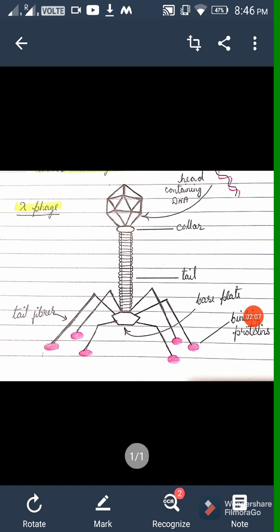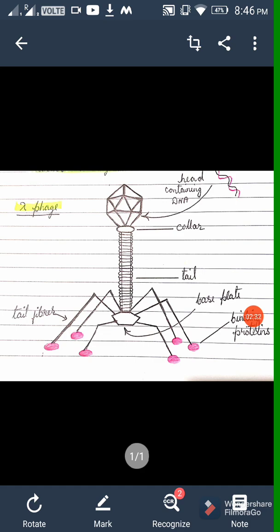Now how does the phage particle infect the bacteria? It will recognize and bind to its host, that is E. coli, causing the DNA in the head of the phage to be ejected through the tail into the cytoplasm of the bacterial cell.